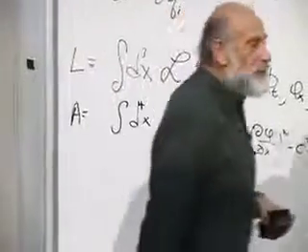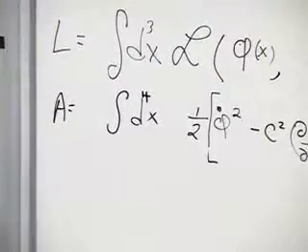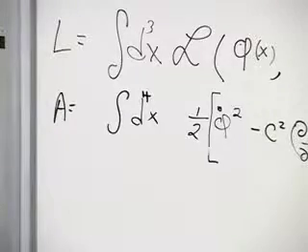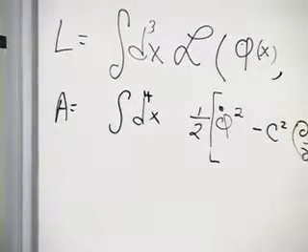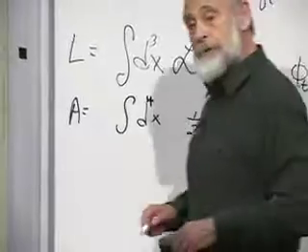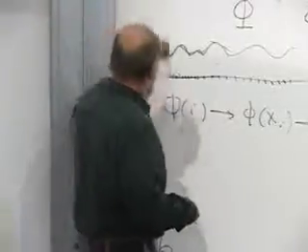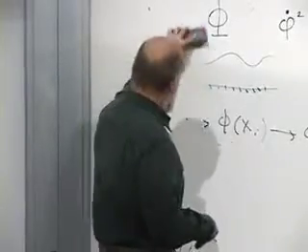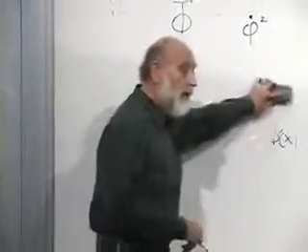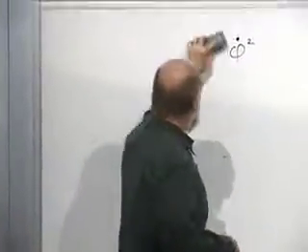That's the general structure of field theory, not that specific Lagrangian, but a Lagrange density integrated over space and time is the starting point of most discussions of field theory. We'll start with the Lagrangian.